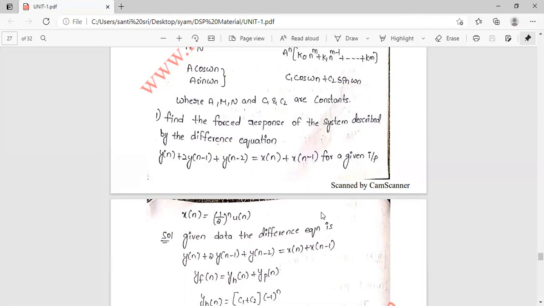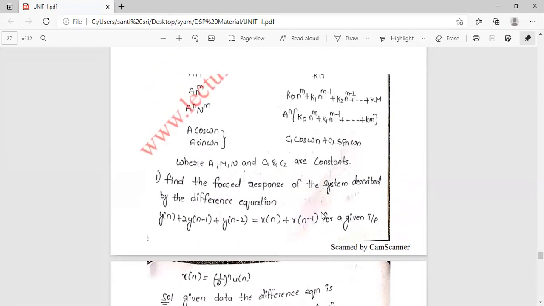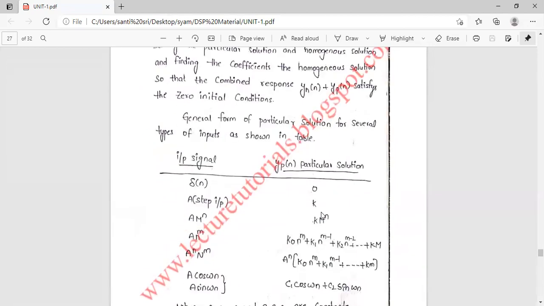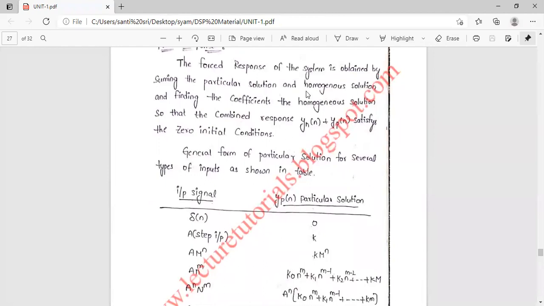Here we have to write the forced response. Forced response is nothing but a combination of the particular solution plus the homogeneous solution, that is yh of n plus yp of n.